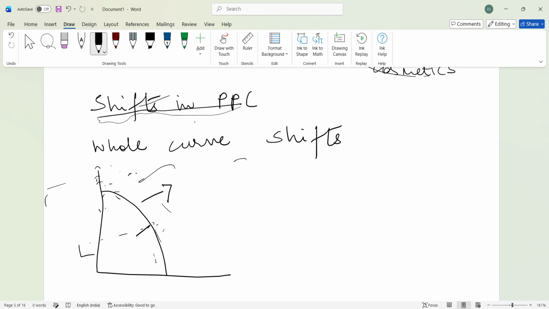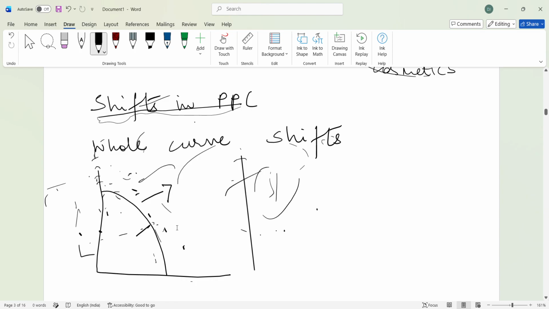If our resources increase, that is, if there is an increase in land, labor productivity, capital, technology, anything, then we can actually move this curve outward.